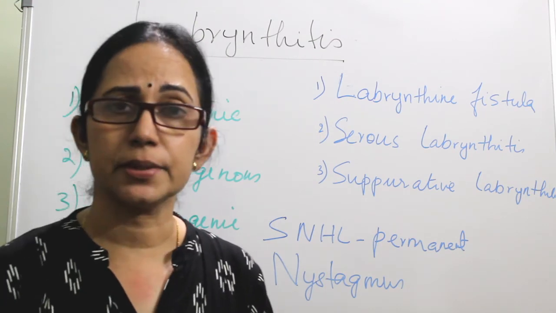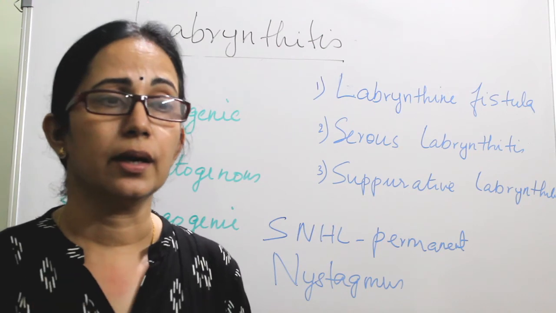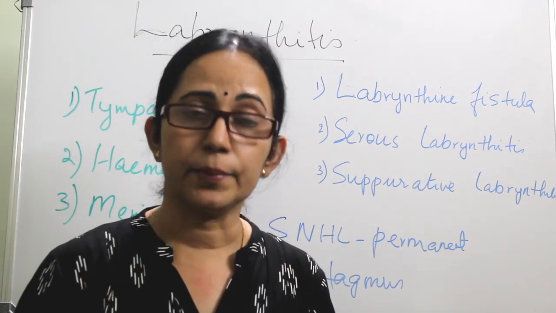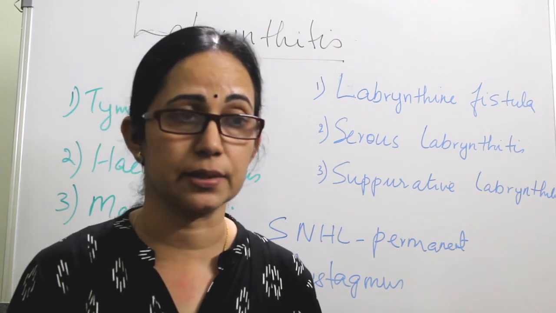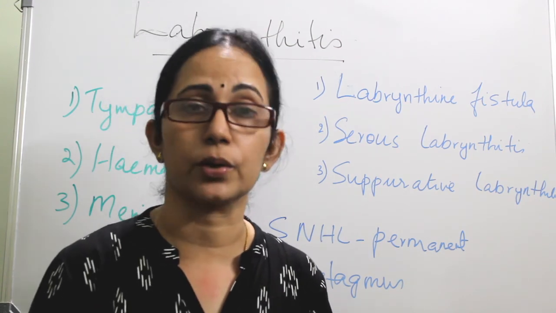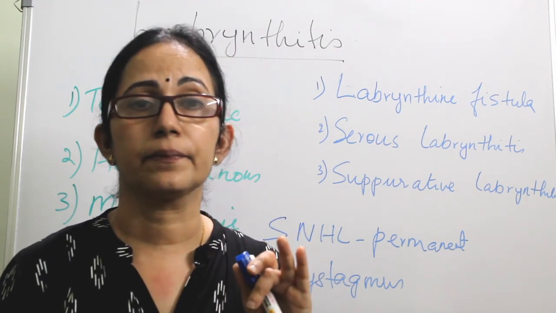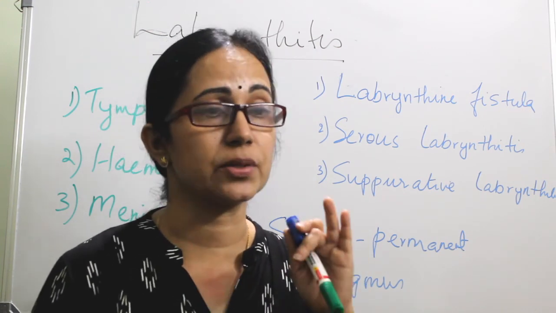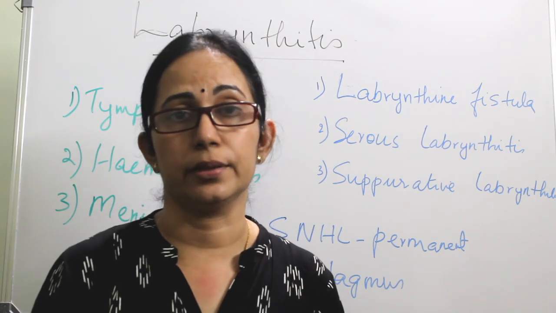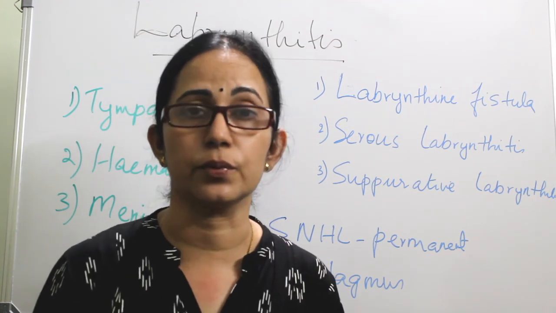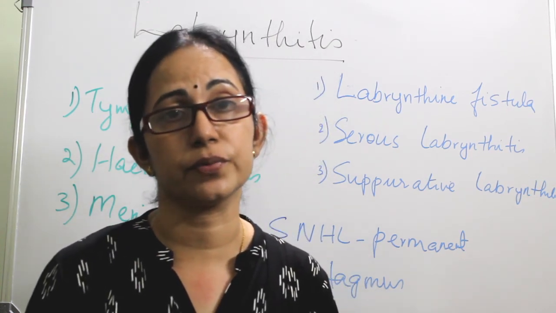And what about the treatment? Treatment is similar to that of serous labyrinthitis. That is, you have to give antibiotics if you suspect an infection, especially if it is acute suppurative otitis media or a chronic otitis media. The first one is antibiotics, and second, antivirals if you suspect a viral infection, and then corticosteroids are also needed. Usually a systemic prednisolone is given, and some evidence shows intratympanic injection of steroids also.